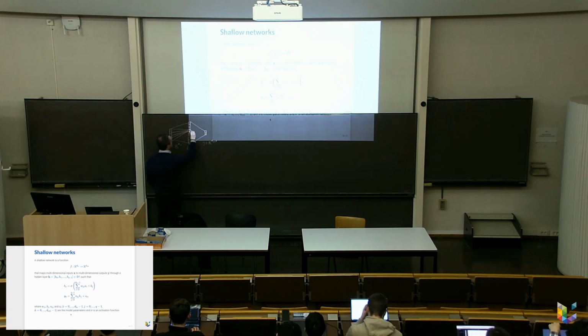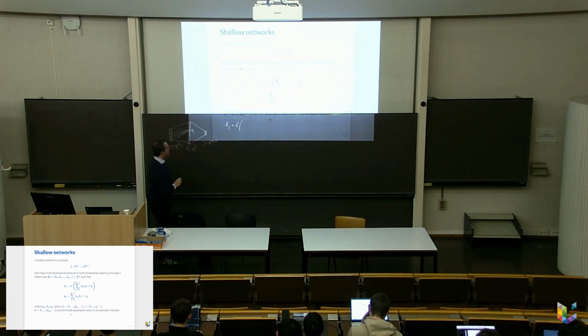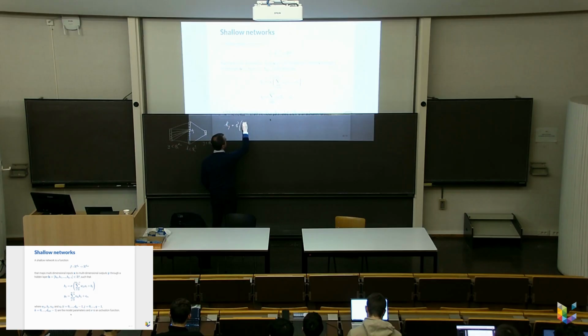So this will be Hj, and I will define Hj as a logistic regression unit, actually. So it's the result of some activation function applied to a linear combination of the inputs, so of the x elements.